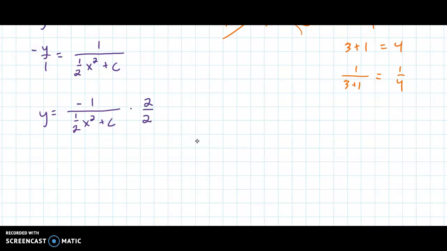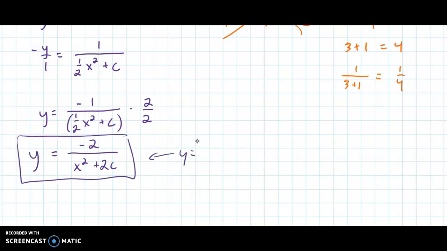Why is that? Because that's another form of 1, and it doesn't change the fraction. And watch what happens. I get a -2 in the top, but when I distribute this 2 into the bottom, this 2 cancels with the half and gives me x squared, and then this 2 goes in here and gives me plus 2c. So this is my y equals f of x equation.